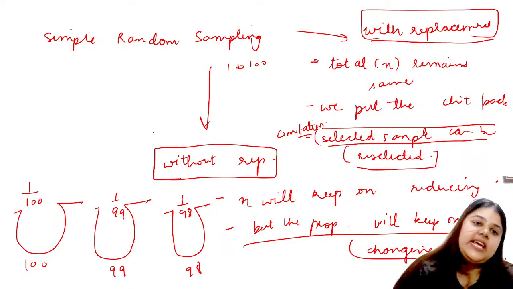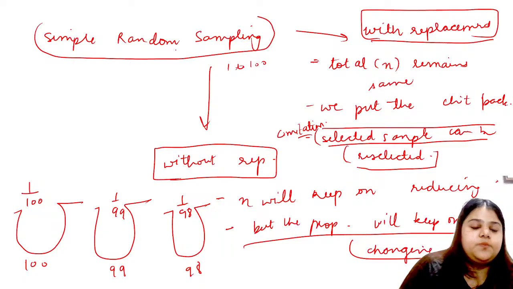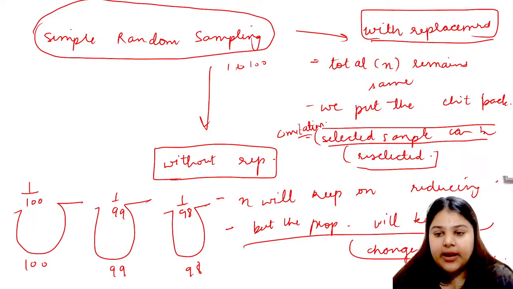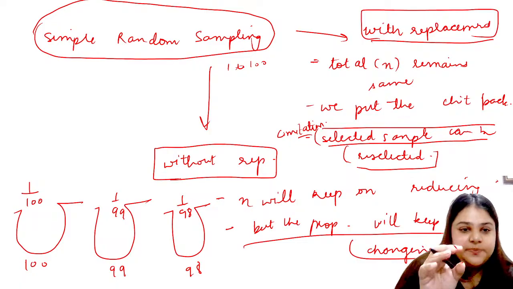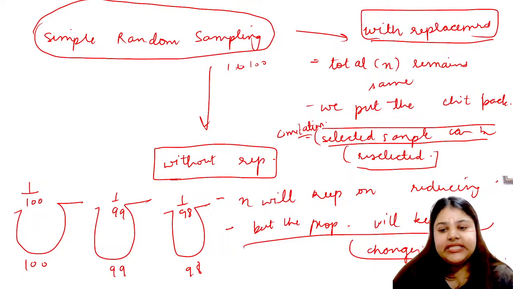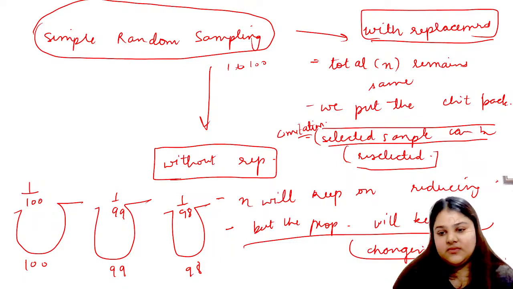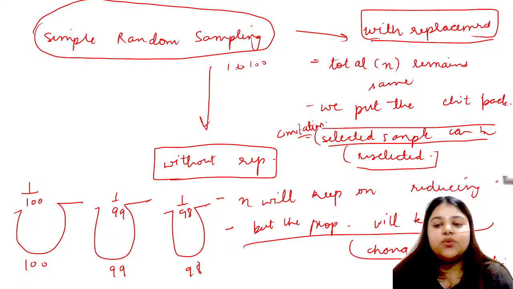You all just tell me if this type of sampling, simple random sampling, and this with replacement and without replacement is clear to all of you. Yes, Samir. It will be like n minus 1, then again n minus 1, then again n minus 1. Yes. In with replacement, actually, this is one of the limitations of with replacement.